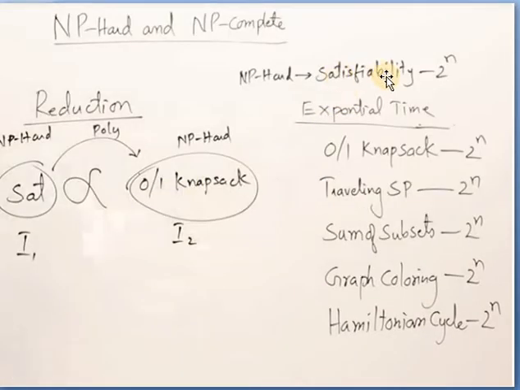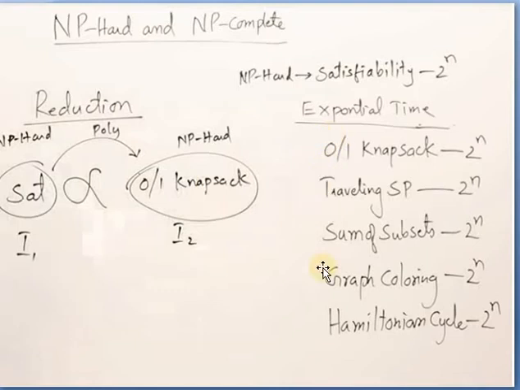So I will add over here this satisfiability problem as a part of the exponential time algorithms having the time complexity 2 raised to n. Now here we are ready to coin the term NP hard. Before understanding this term NP hard, just call all these exponential time problems, 0-1 knapsack, traveling salesperson, sum of subset and so on, as the hard problems.